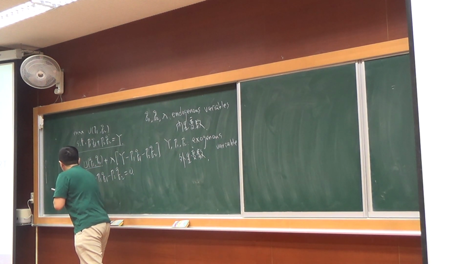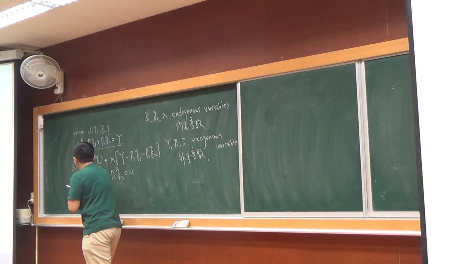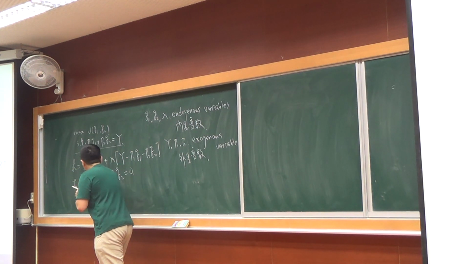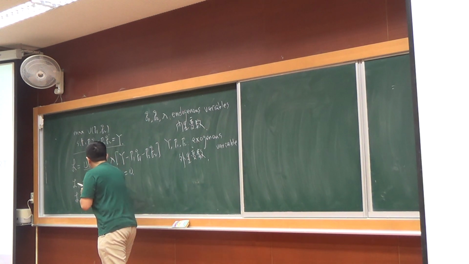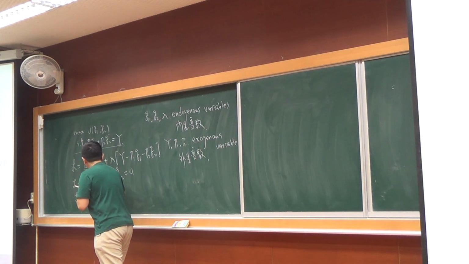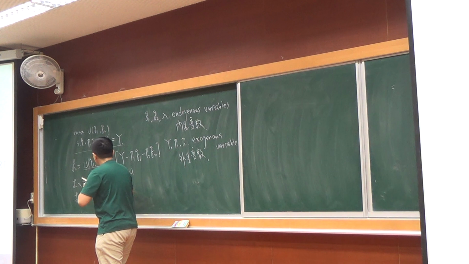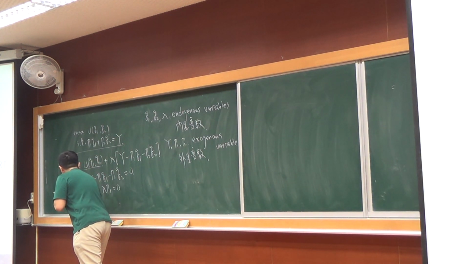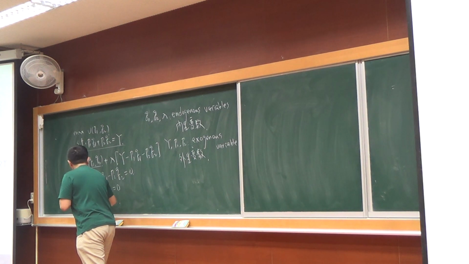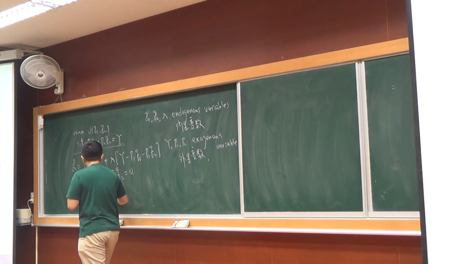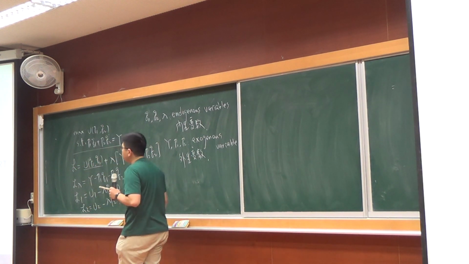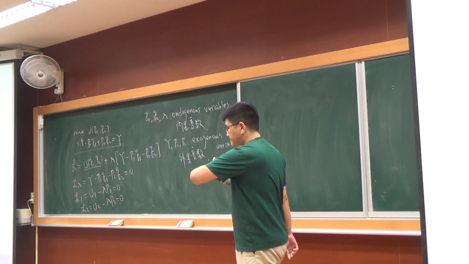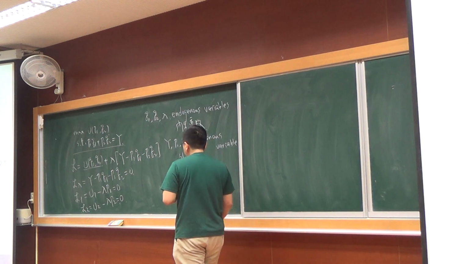Lagrange 1 would be u1, the marginal utility of good 1, minus lambda p1 equals 0. And Lagrange 2 equals u2 minus lambda p2 equals 0.